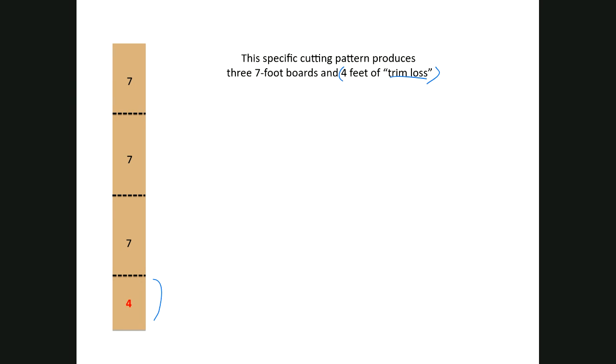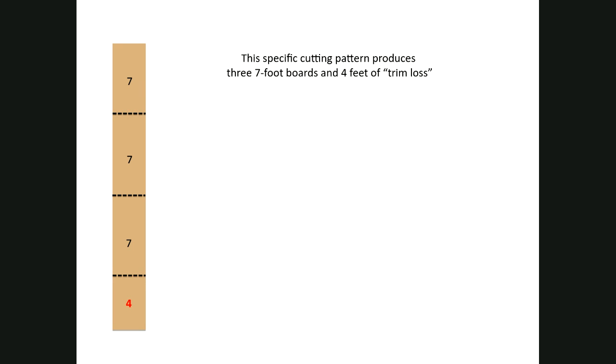So the issue becomes, of course, if you only cut these boards, you would only have 7-foot boards.